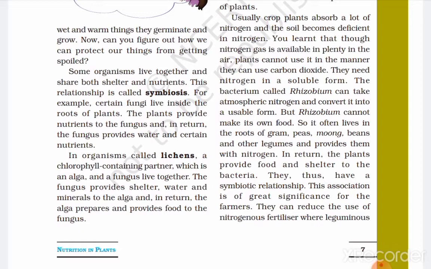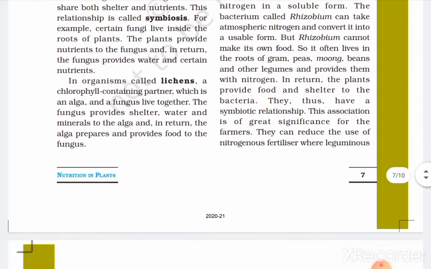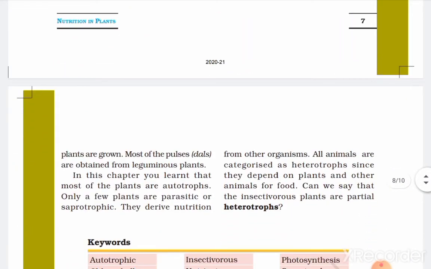In return, the plant provides food and shelter to the bacteria. They thus have a symbiotic relationship. The association is of great significance for the farmers. They can reduce the use of nitrogenous fertilizer where leguminous plants are grown. Most of the pulses are obtained from leguminous plants.